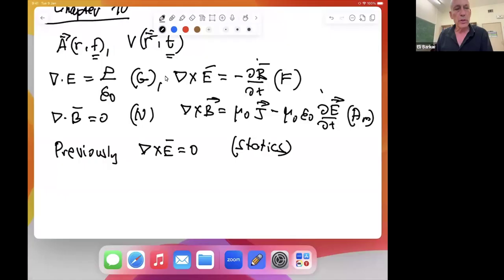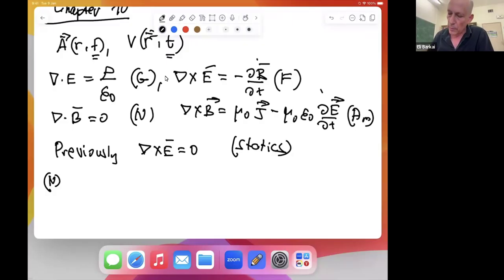Before looking at E, which is the more complicated stuff, we immediately know what about A? I think it's very easy. The equation that is important for the definition of the vector potential A is, of course, N. That is, there are no monopoles.